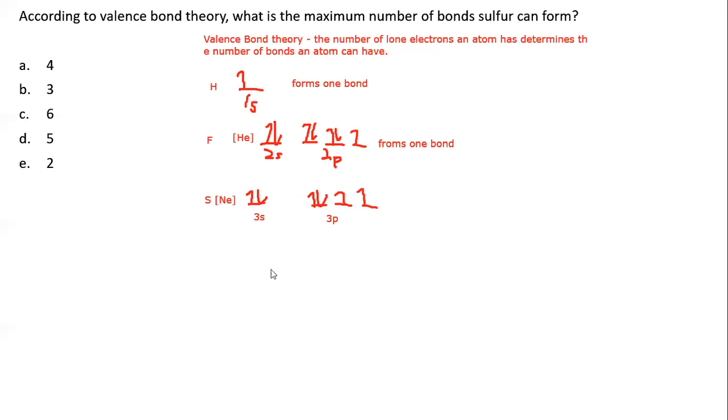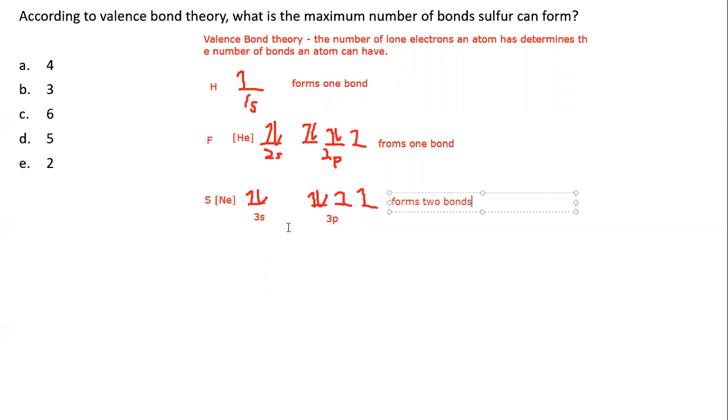We see it has two lone electrons. So according to valence bond theory, this should form only two bonds. So according to valence bond theory, hydrogen should form one bond, fluorine should form one bond. That's fine, that's correct, that's what we say. Halogens can only form single bonds.